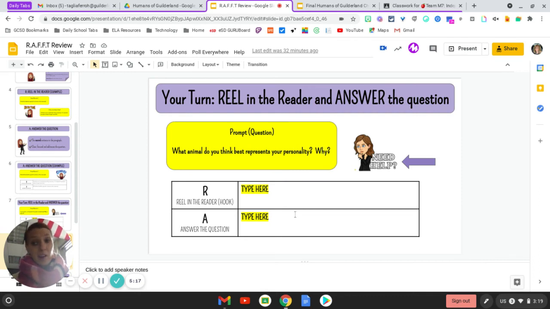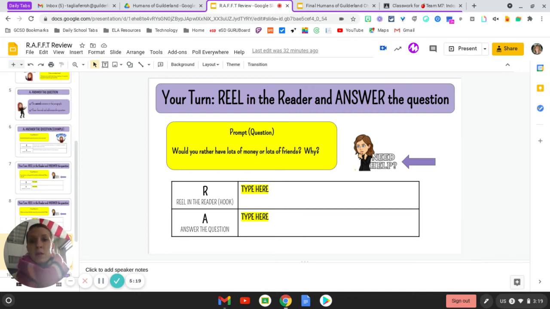That's for later in our writing. Question 3: would you rather have lots of money or lots of friends? In your hook sentence, you might say something about friends or money or what's important to people. And then you're going to say, I would rather have lots of money or lots of friends. And that's it. You're not saying why here. It's a one sentence, clear answer.